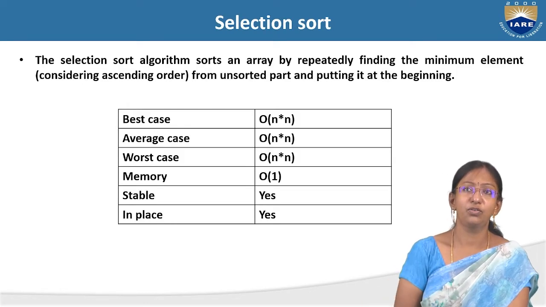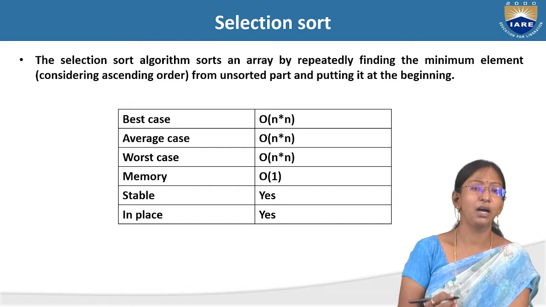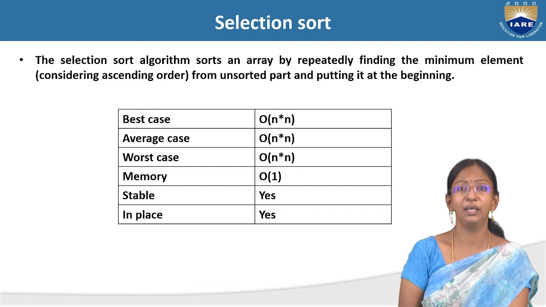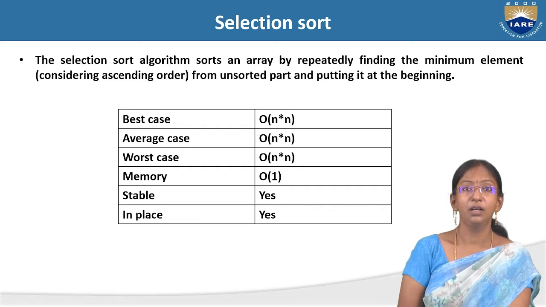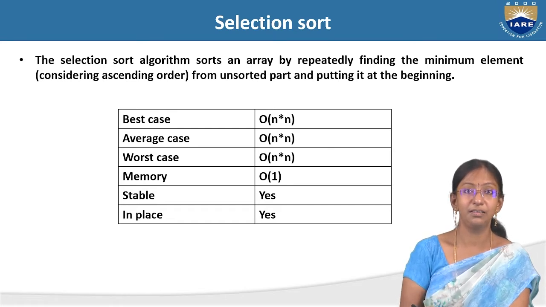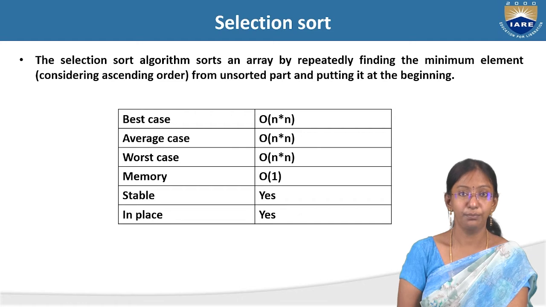Coming to selection sort. In bubble sort, we compare the consecutive elements repeatedly so that by the end of each iteration, the largest element in the list comes to its right position.